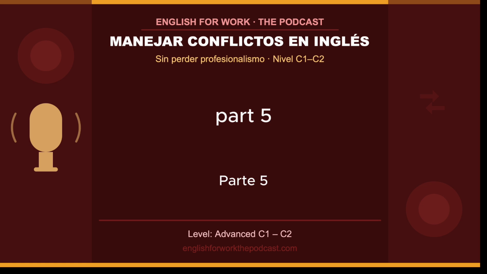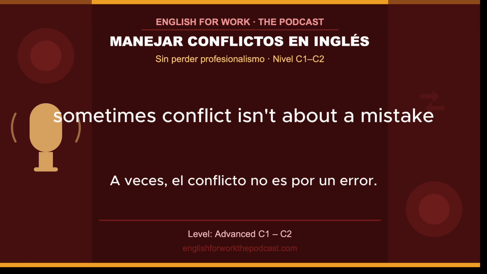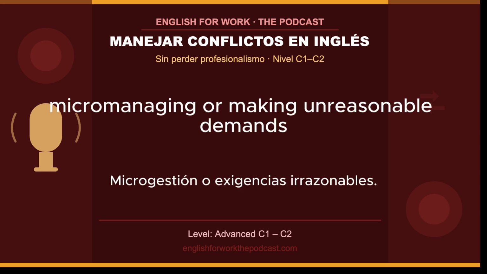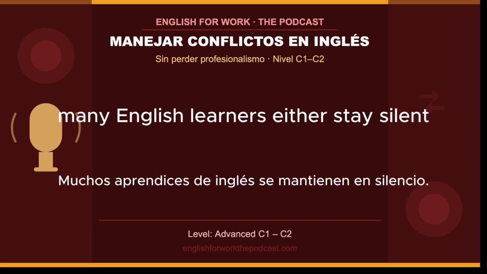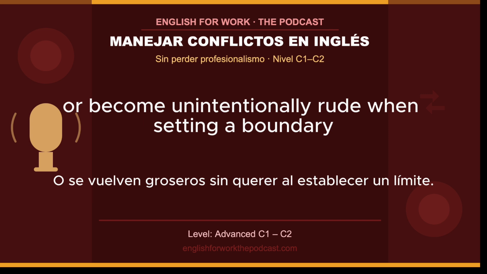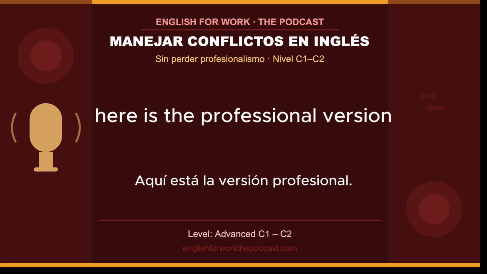Part 5. How to set a boundary professionally. Sometimes conflict isn't about a mistake. It's about someone overstepping, micromanaging, or making unreasonable demands. Many English learners either stay silent or become unintentionally rude when setting a boundary. Here is the professional version.